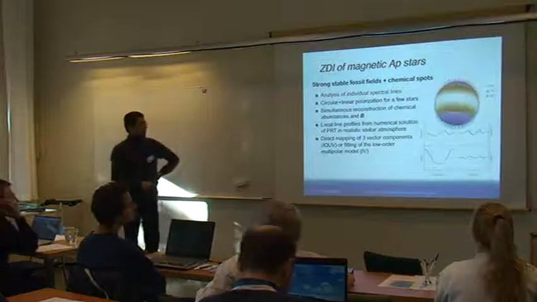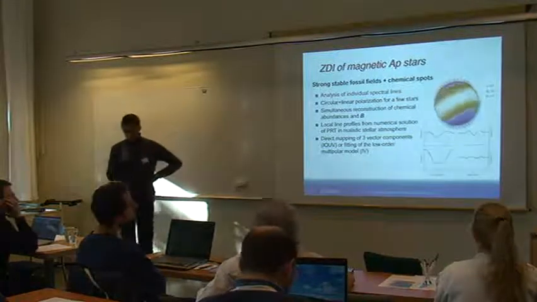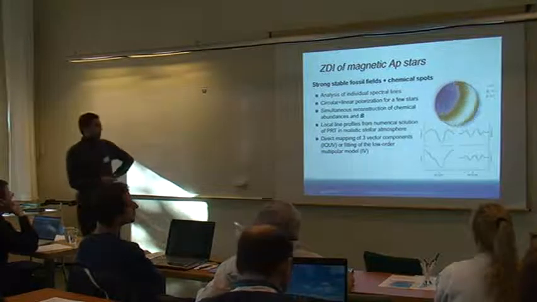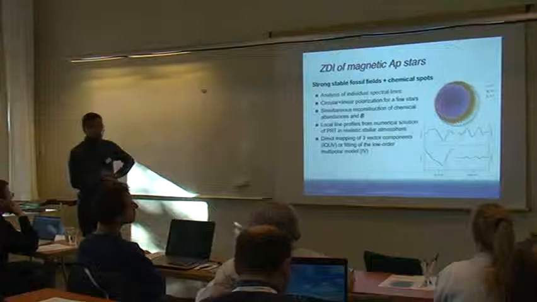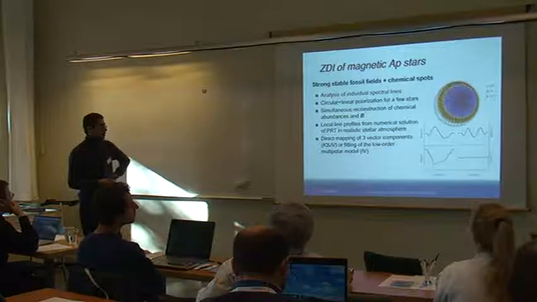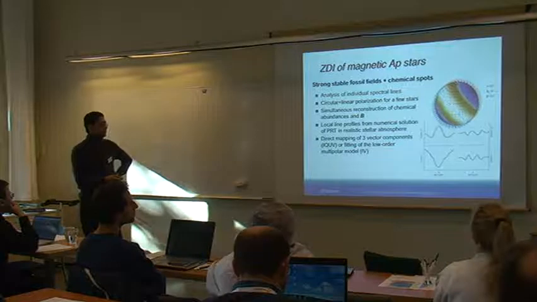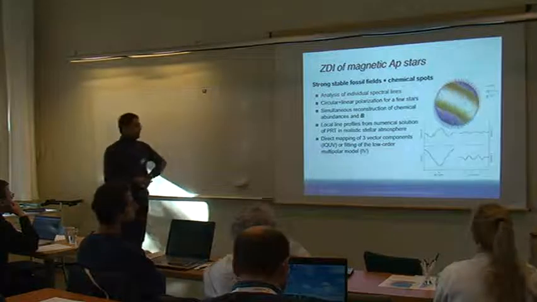So in the analysis of magnetic Ap stars that we are doing mostly, we are modeling individual spectral line profiles for a few stars now, and this list is gradually expanding.